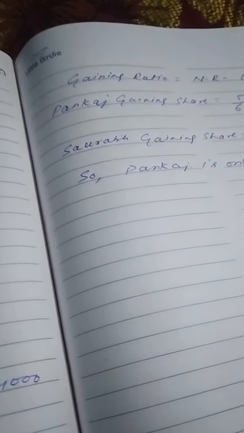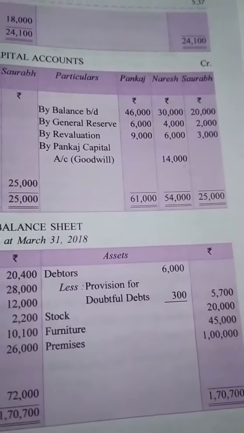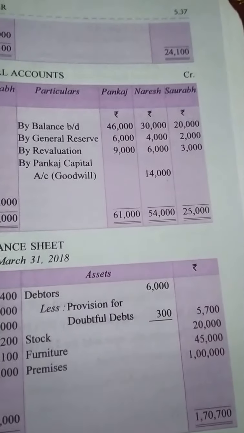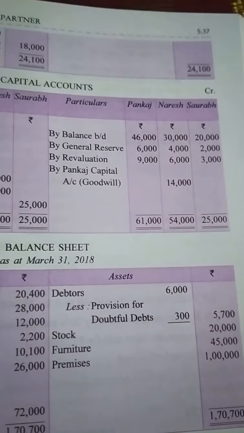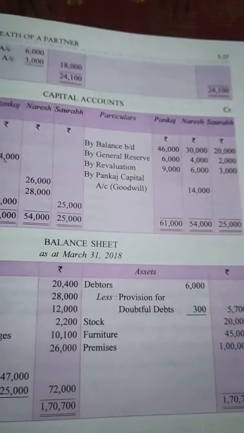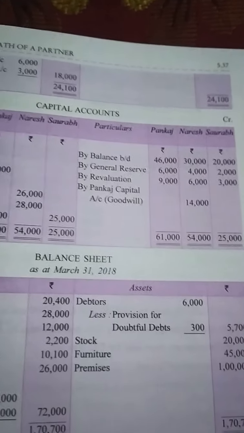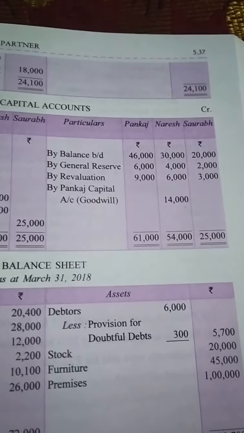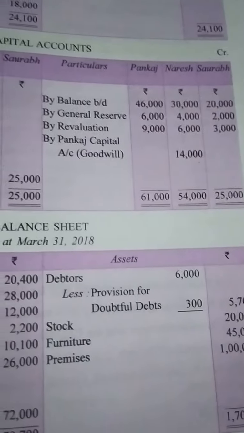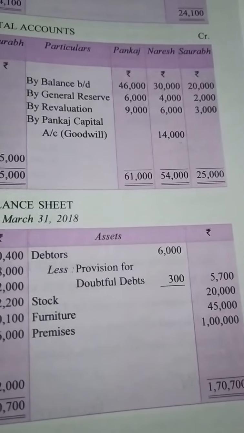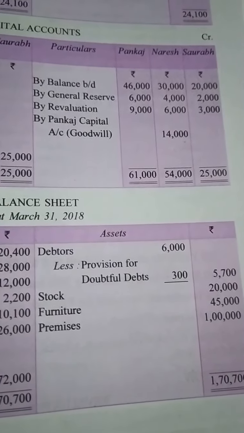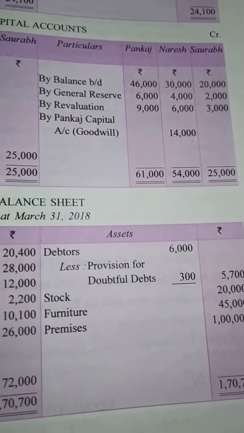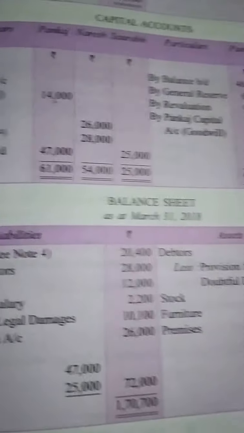We know that the gaining partner's name is written on the credit side of the capital account, and the posting is done under the retiring partner's amount column on the credit side. Similarly, on the debit side, you need to write the name of the retiring partner, and posting is made under the amount column of the gaining partner.